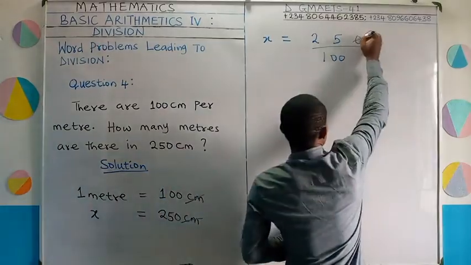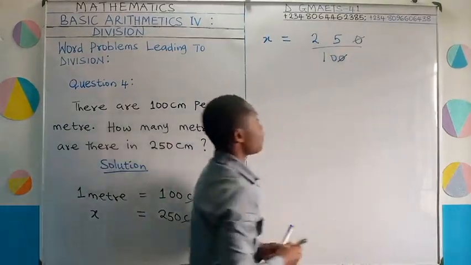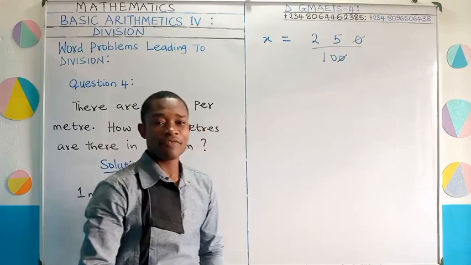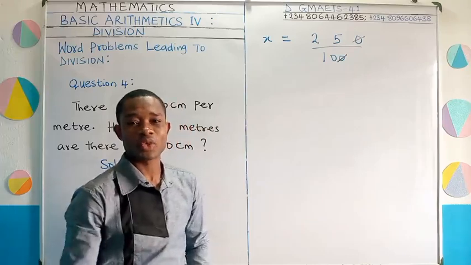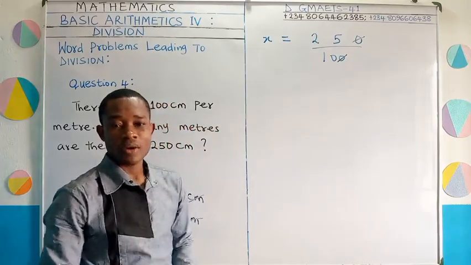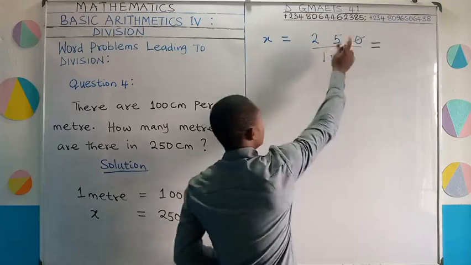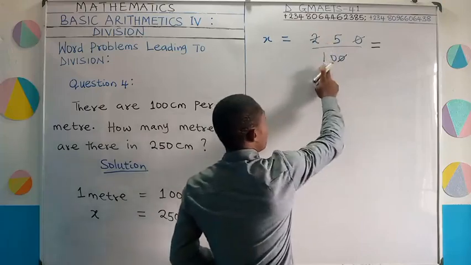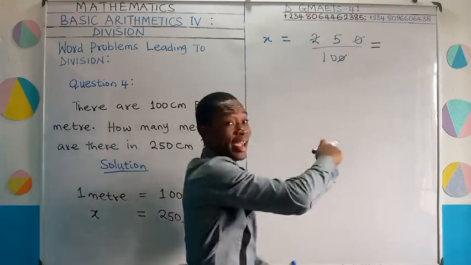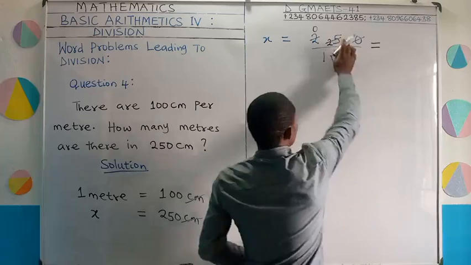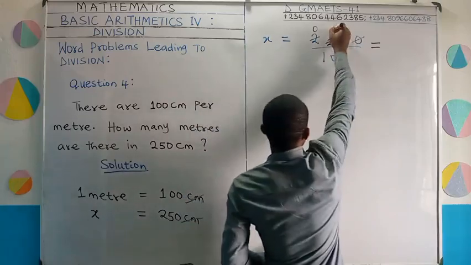So I will cancel this last 0 and cancel this last 0. That gives me 25 over 10. And how do we get 25 over 10? It's simple. You can work it out. 25 divided by 10. First, 2 divided by 10 will give us 0 remainder 2. Attach the 2 here, 25. 25 divided by 10 would give us 2.